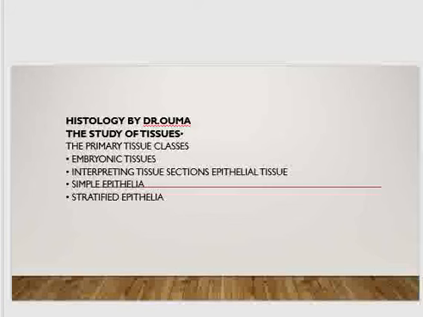So let's go to the last part, that is stratified epithelia. Now in stratified epithelia, the number of layers ranges from 2 to 20 or more. Some of the cells will be resting directly on others, and only the deepest layer rests on the basement membrane.